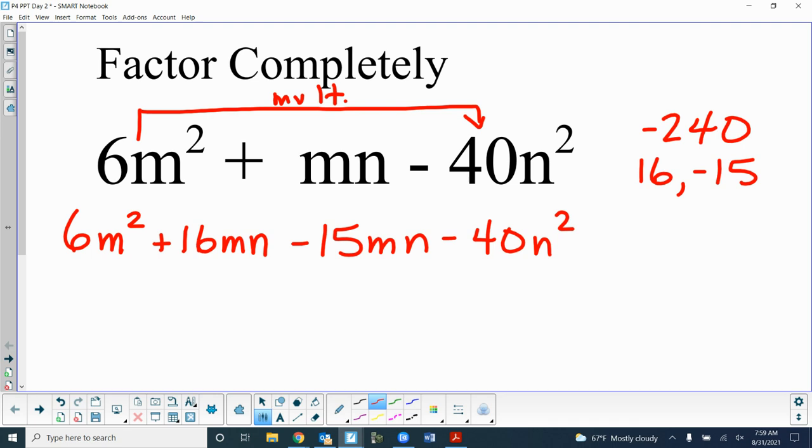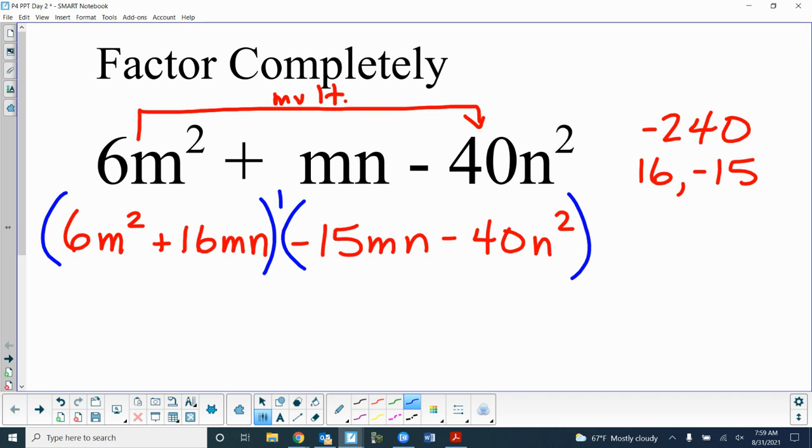Don't let these variables mess with you. Whatever variable's there, if there's more than one, or they've got A's to the 4th or 6th or whatever, just use the same variables with those 2 middle numbers. So I'm going to group, usually the first 2, last 2. And again, since that third term is a negative, put it inside the group.